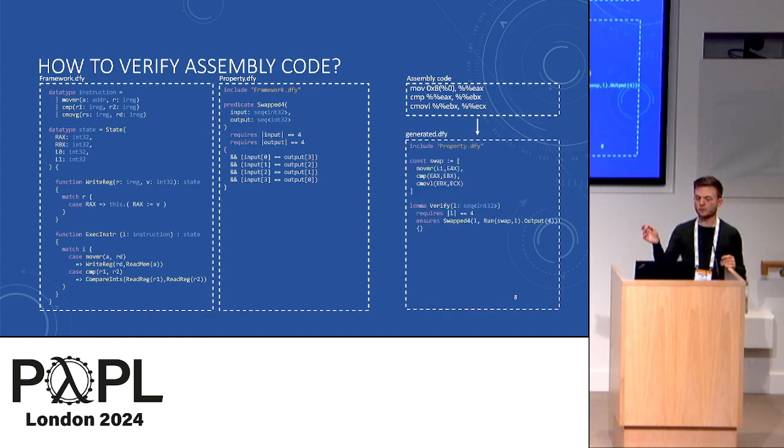So there's a clear one-to-one mapping between the assembly instructions generated by the agent and the instructions we defined at the beginning. So moving a value from memory to register and so on. And we just list, here on the right, all those instructions in sequence and then task Dafny to verify that when these instructions in this sequence are executed, then our property does in fact hold.